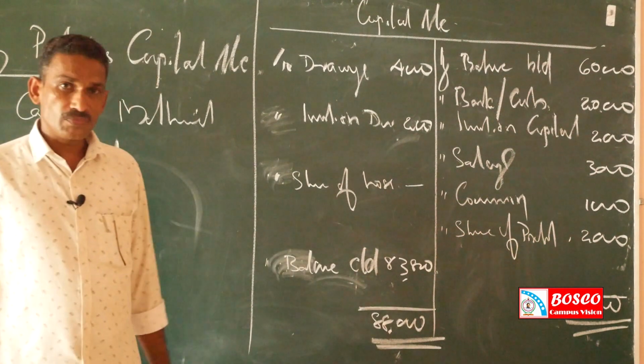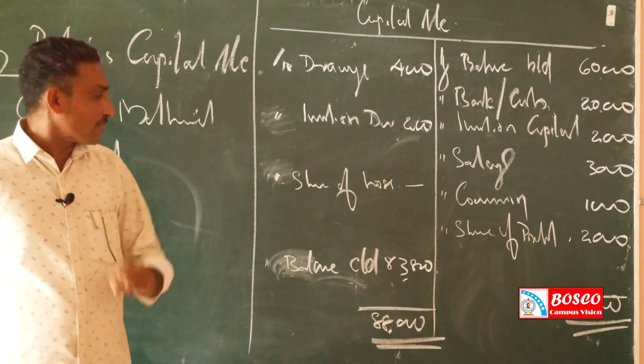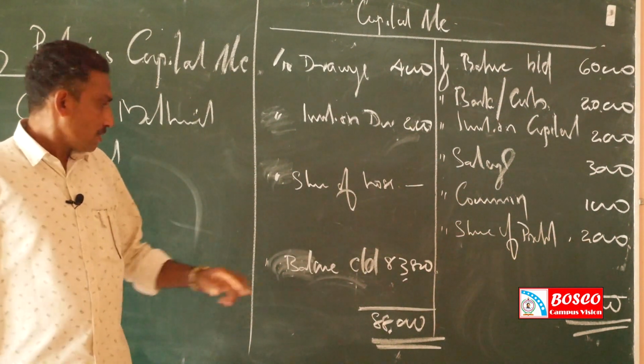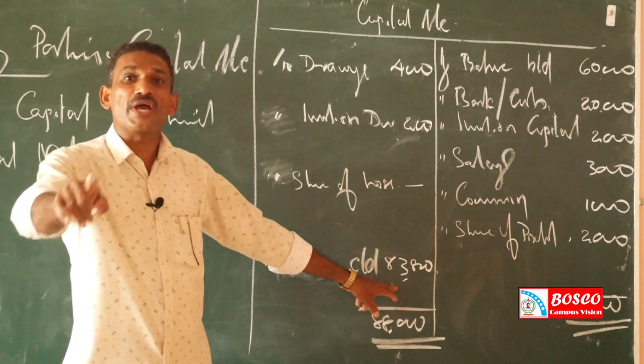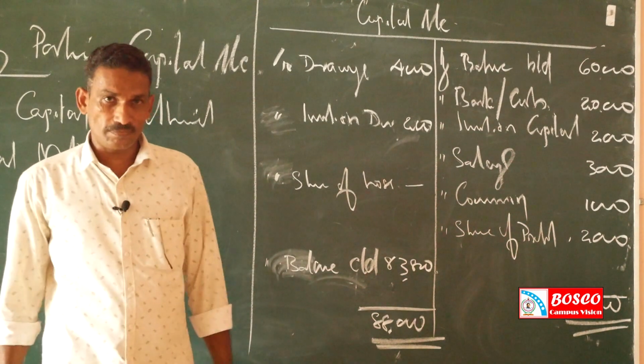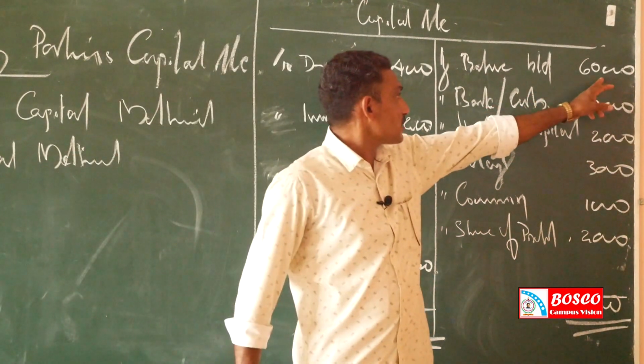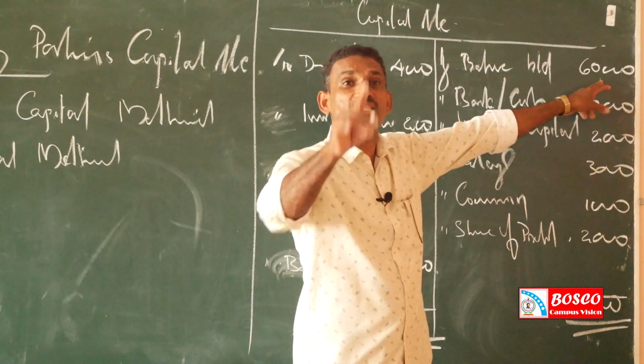Why is it called a fluctuating method? Look, please. The closing balance of capital account is now 83,800. But the opening capital balance is 60,000.